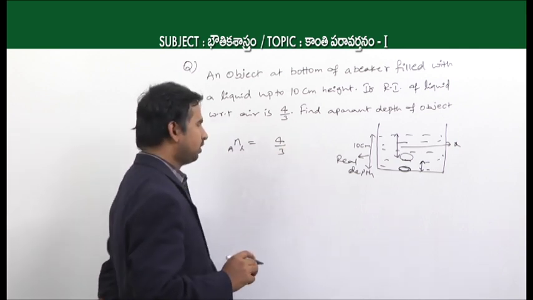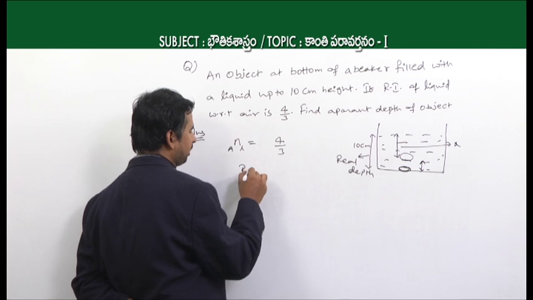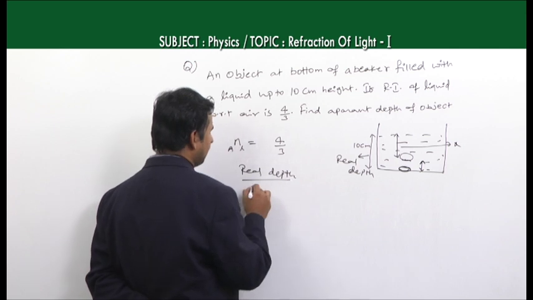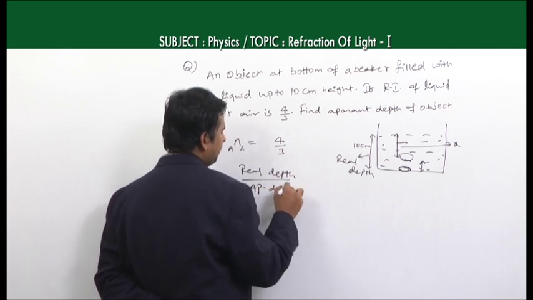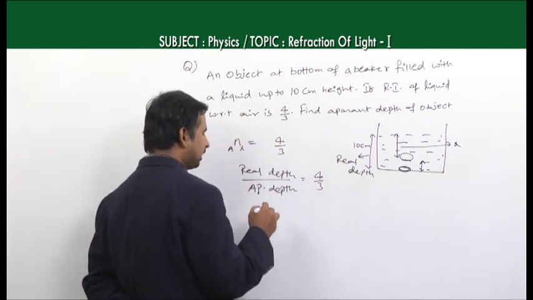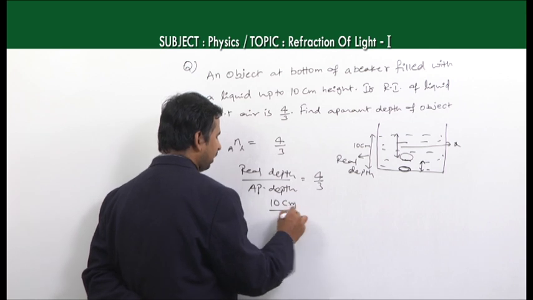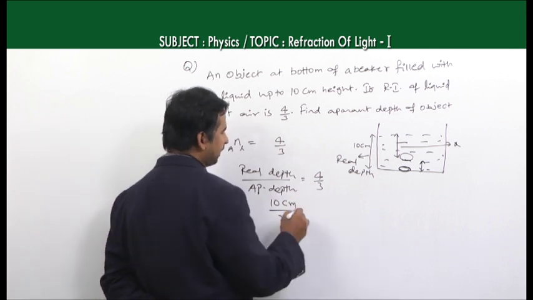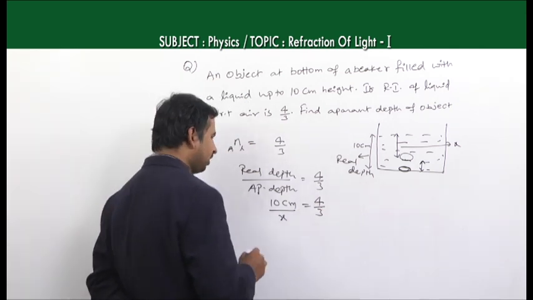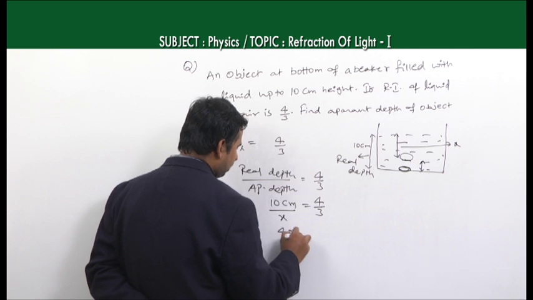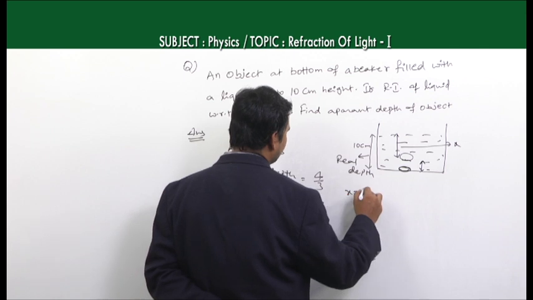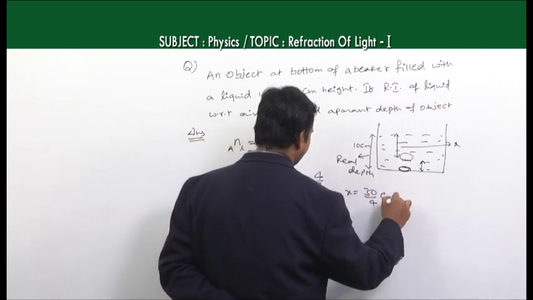According to the formula, the refractive index is real depth by apparent depth, which is equal to 4/3. The real depth is given as 10 centimeters, and the apparent depth we take as x, so 10/x is equal to 4/3. If you cross multiply, you will get 4x equal to 3 into 10, which is 30 centimeters. Then x is equal to 30/4 centimeters.